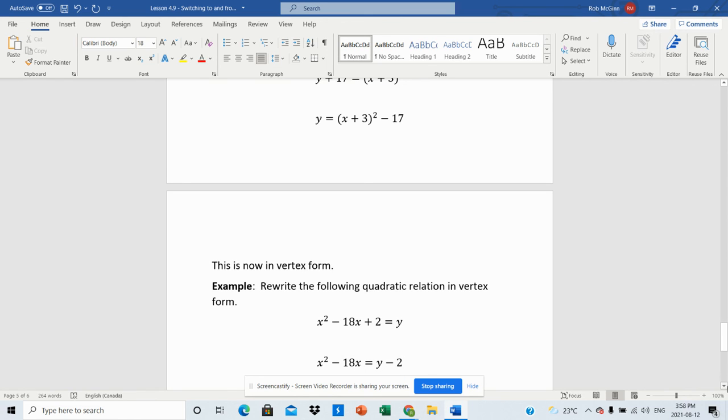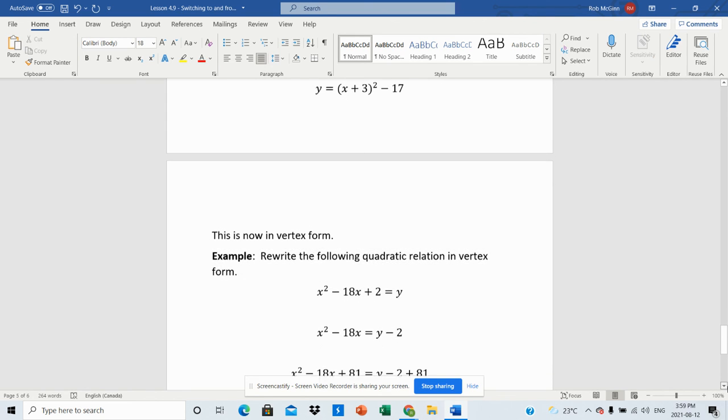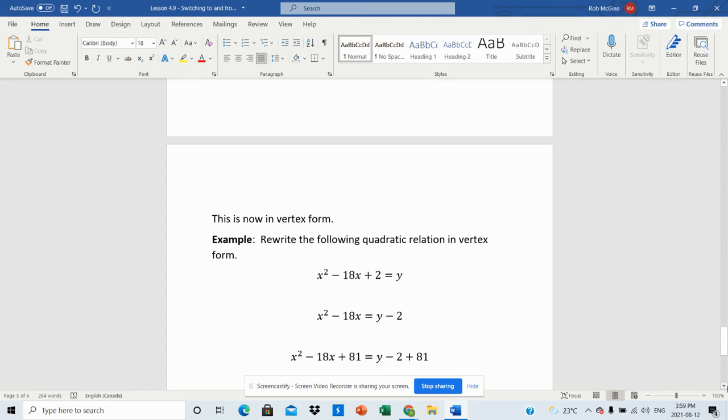And minus 9 squared is going to be 81. So, just like we did before, we're going to add 81 to both sides of our equation to keep the integrity of our equation. So now we get x squared minus 18x plus 81, which is a perfect trinomial square, equal to y minus 2 plus 81.